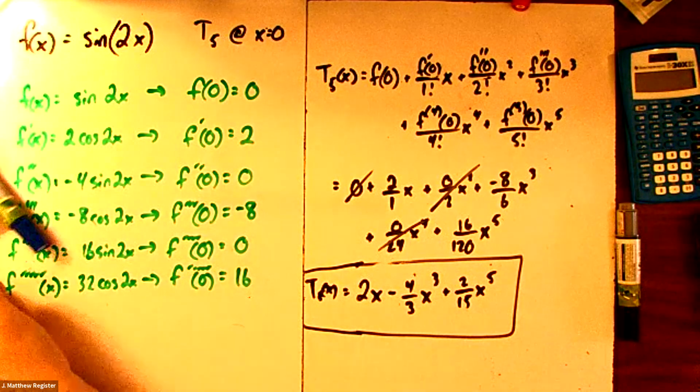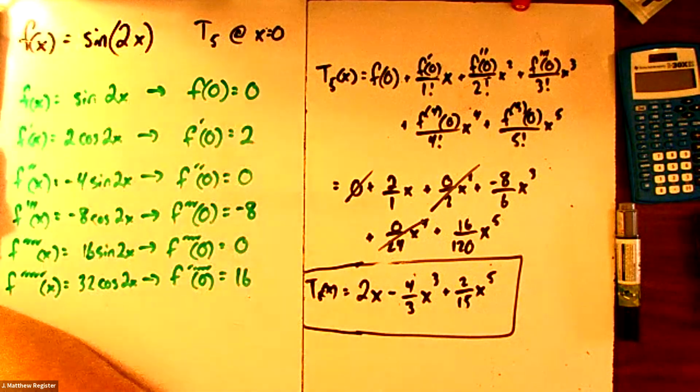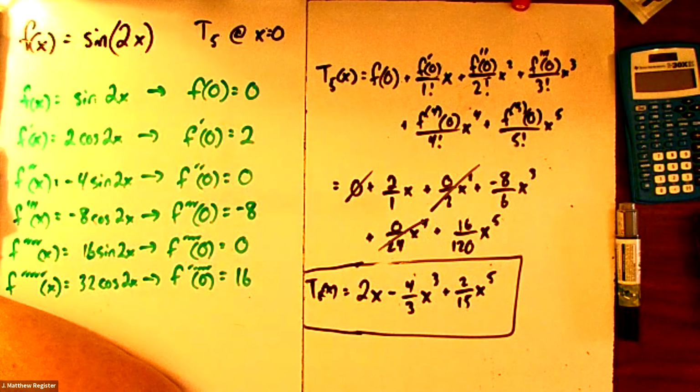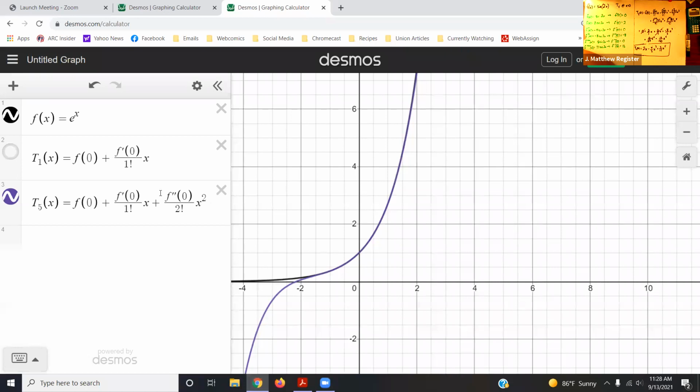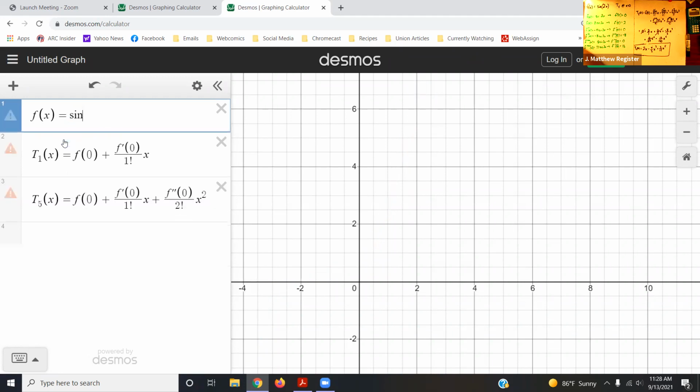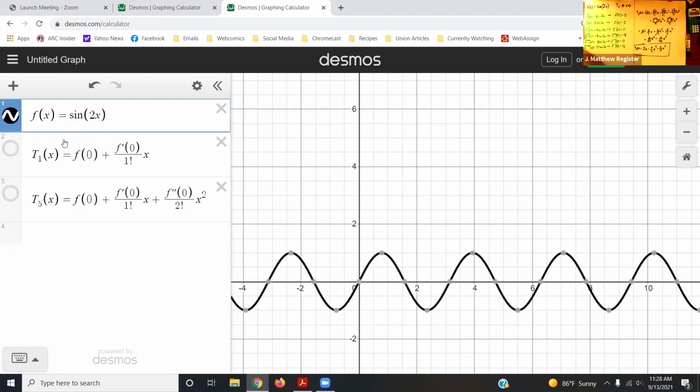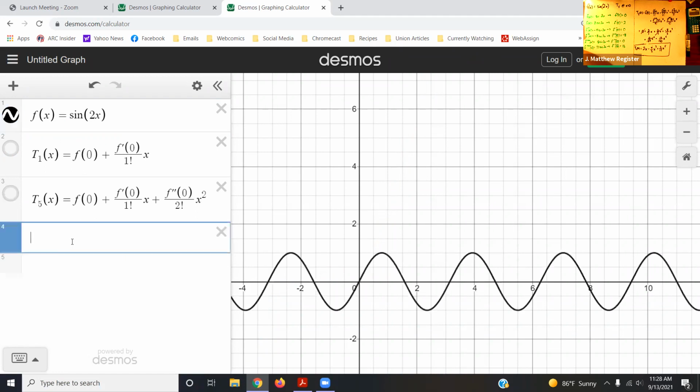And let's see what the graph looks like. Let's see if the graph actually shows us that this is a decent approximation for our sine function. So I'm going to hide this graph. I'm going to create this function to be our sine of 2x. And for a small interval, this should be a decent approximation.